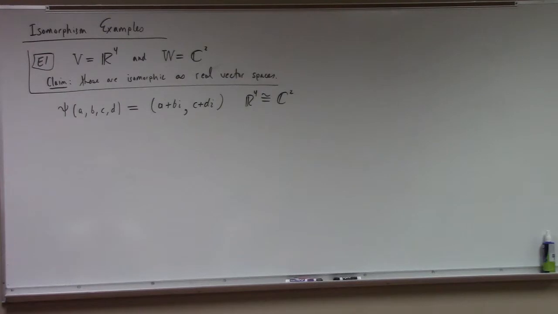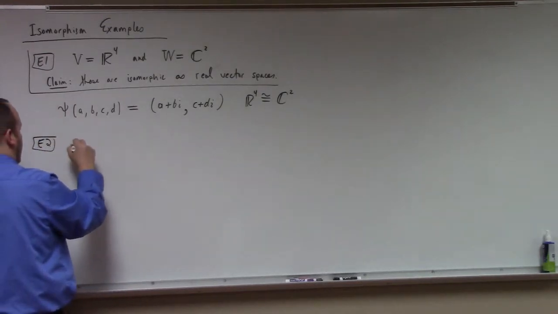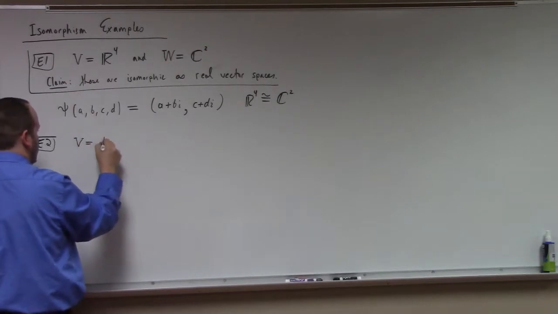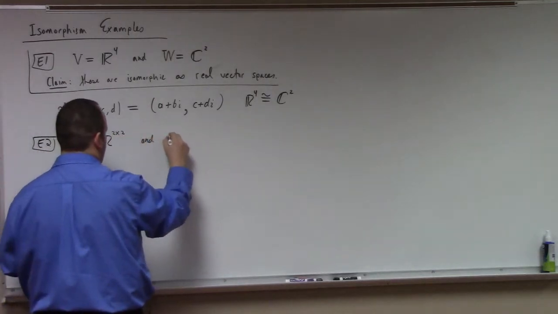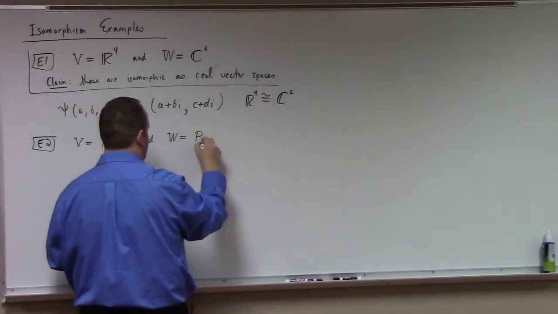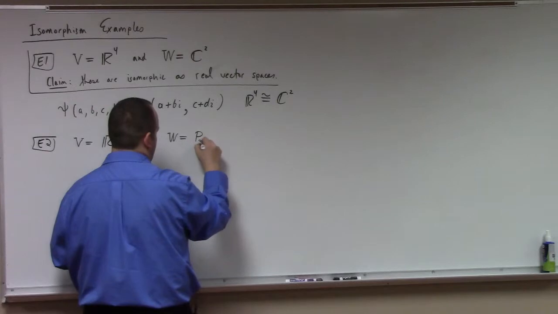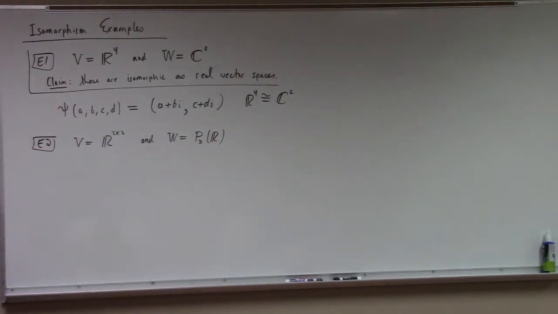Let's do something weirder. How about V equals R2 by 2 and W equals P3R? Again, my claim is that these are isomorphic as real vector spaces.